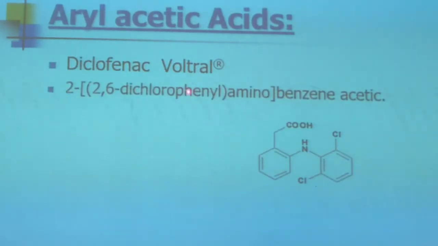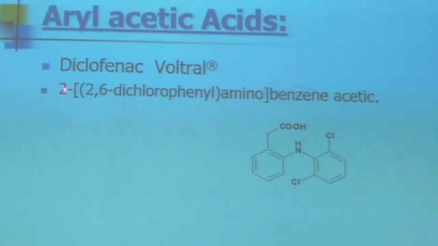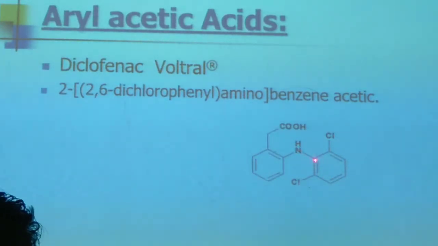Voltral gel or injections are available. It is named under the IUPAC system of naming. The 2 means it contains 2 phenyl groups or 2 aromatic rings, 2,6-dichlorophenyl, and at one position the amino group is attached, 2, 3, 4, 5, 6.